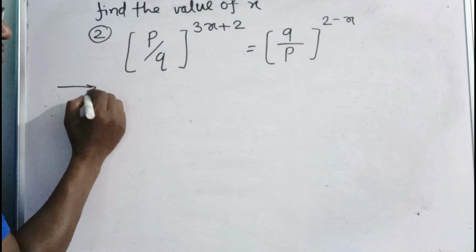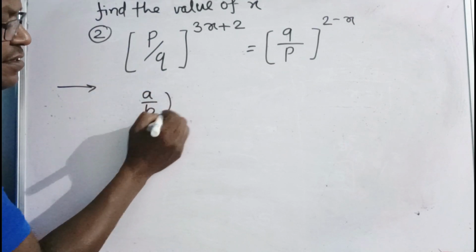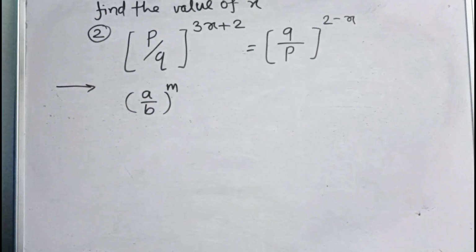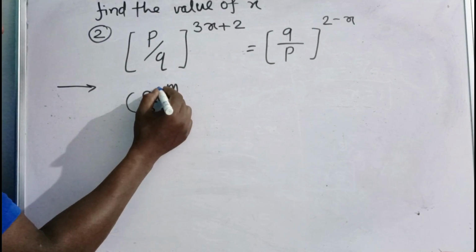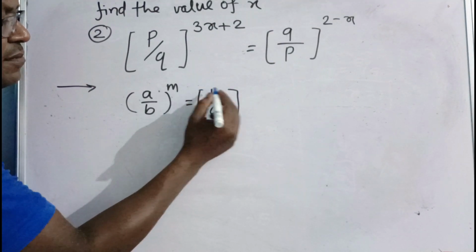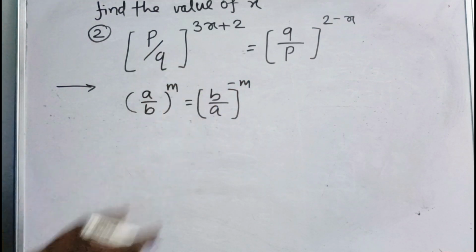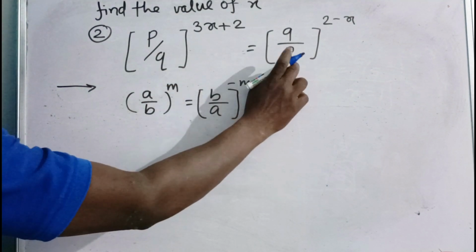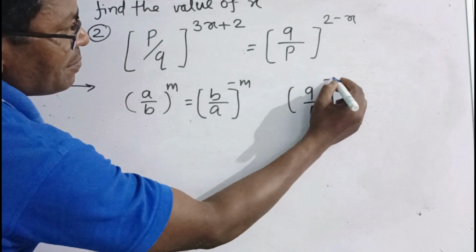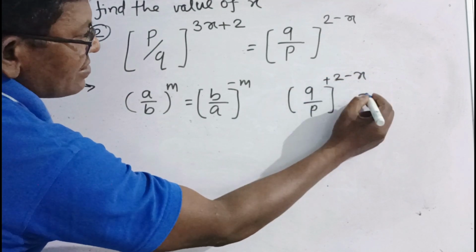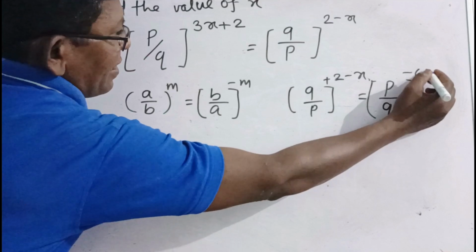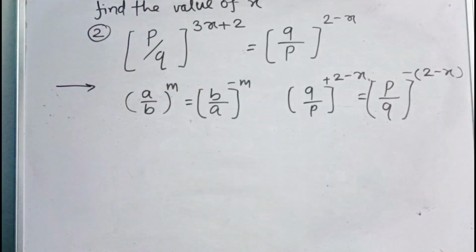You can use here property a upon b raised to the power m, minus m. m लिखिए, कोई दिक्कत नहीं. b upon a raised to the power minus m. साइन चेंज हो जाएगा. देन हमें इसको क्या करना पड़ेगा? q by p raised to the power minus 2 minus x is equal to p upon q raised to the power minus in bracket 2 minus x.